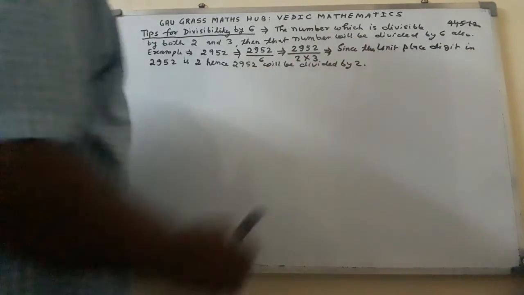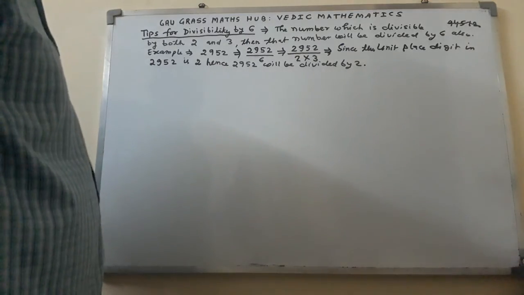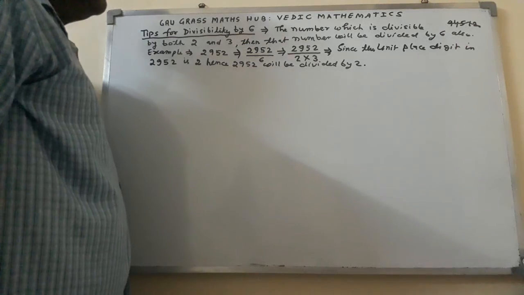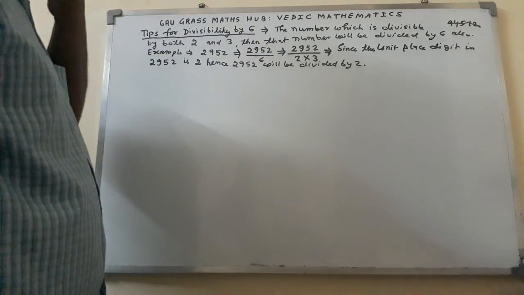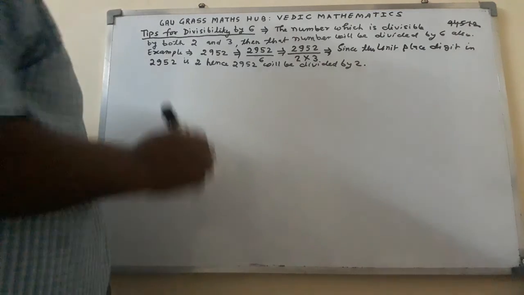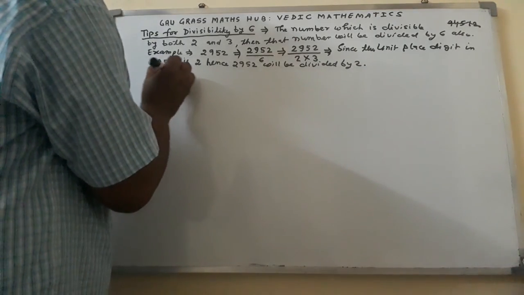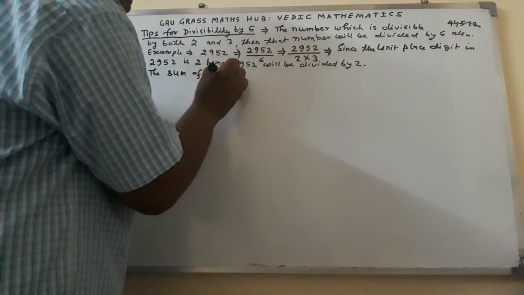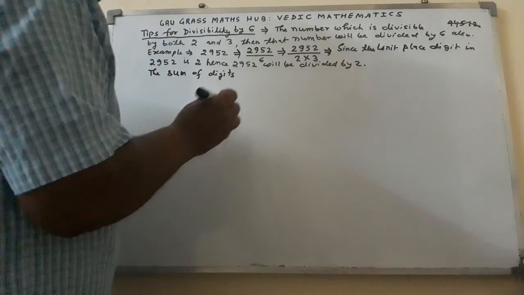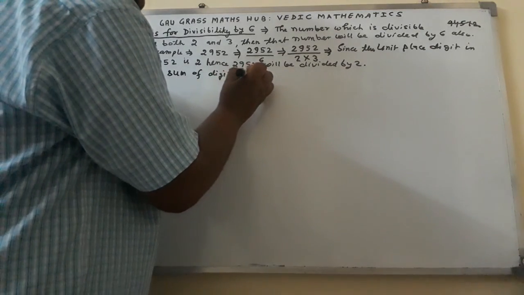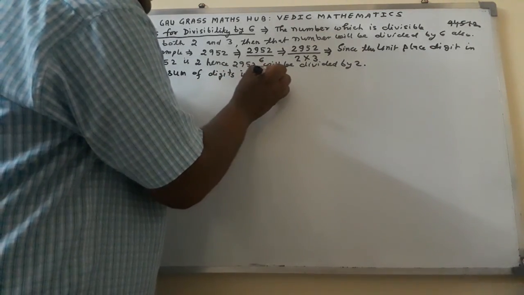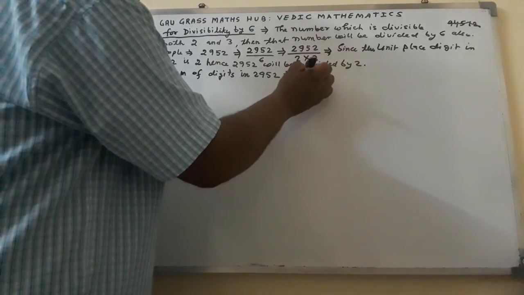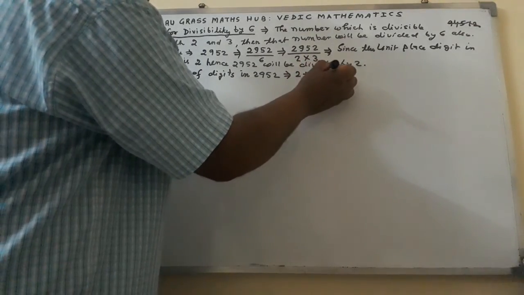Now let us discuss what is the divisibility rule of 3. We know that the divisibility rule by 3 is the sum of digits. The sum of digits in 2952 is 2 plus 9 plus 5 plus 2.